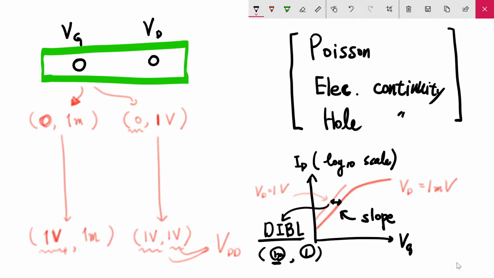However, usually the low-voltage number is quite close to 0, so it's not that important. And if you test your DIBL with, for example, 0.1 volt, 0.5 volt, and 1.0 volt, what will be the difference? Of course, compared with the 1 millivolt drain bias case, this one will show the smallest shift.